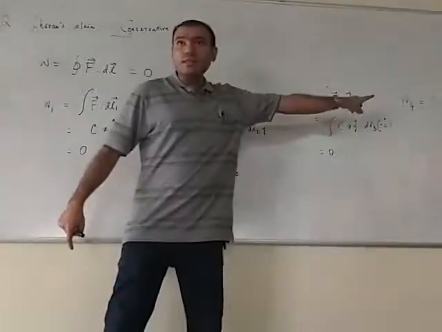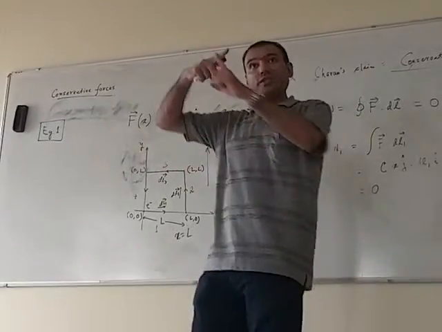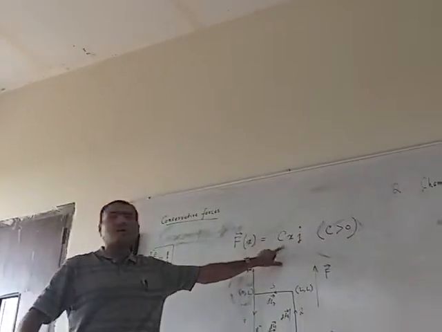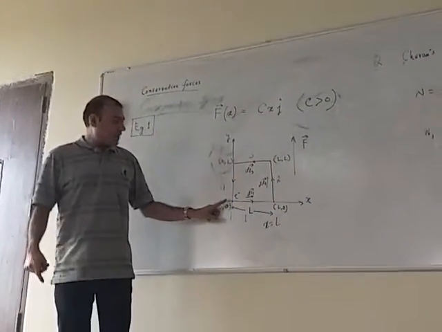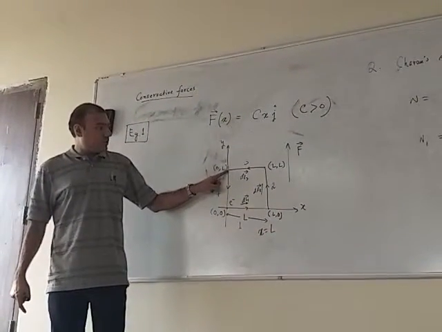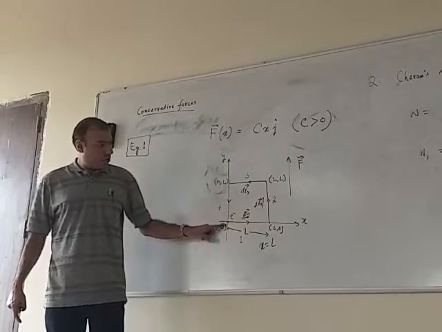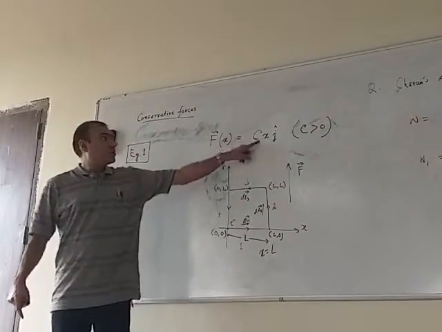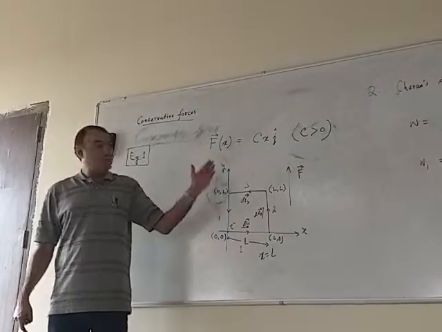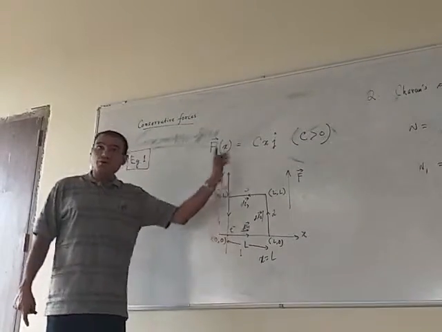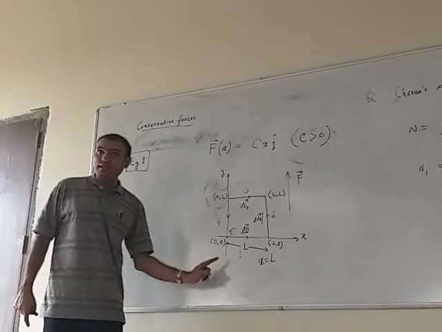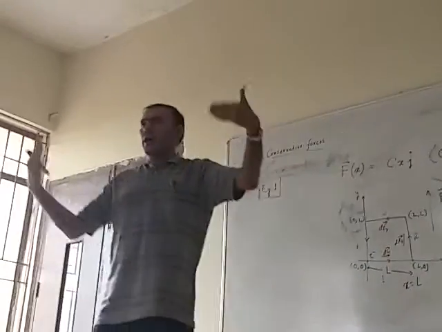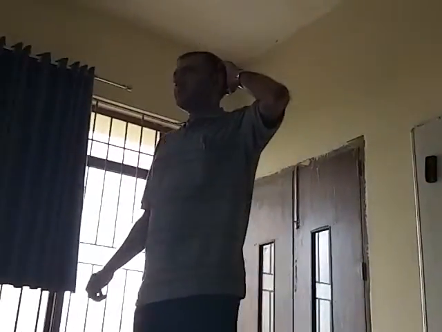But for the fourth one, it's not due to the directional nature of f dot dl, but due to the functional dependence. Because right here, what you're doing is taking the electron from here to here, maintaining the same x. And what is that x? x is 0. Put x equal to 0 here, the force vanishes. So anything you do along the exact y-axis here will give you 0, just because of the force provided is this thing.